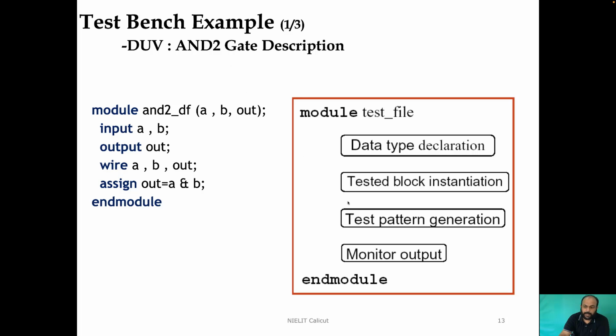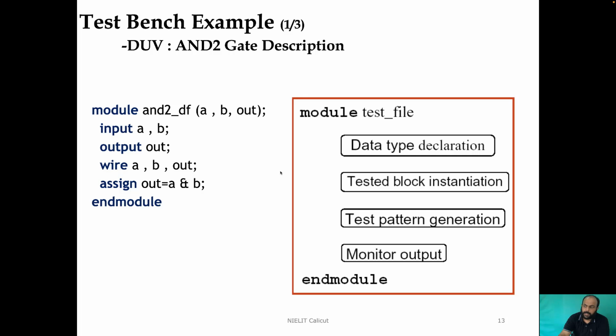Then we will be generating the test patterns that will be driving this 2 input AND gate, and the test patterns are nothing but those input combinations that will come in the truth table of that AND gate. Then we will be setting the output port of the design under constant monitoring. Once we have done all these things, the test bench description is complete, and we are good to write the endmodule. So you can use this as a checklist once you write a test bench.